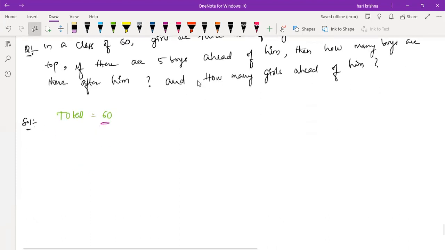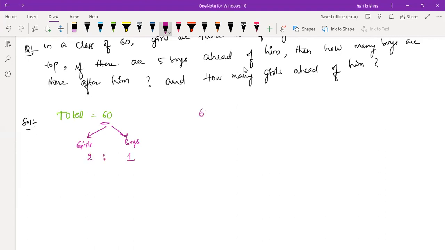Total 60 are there. In that, the girls to boys ratio is 2:1.